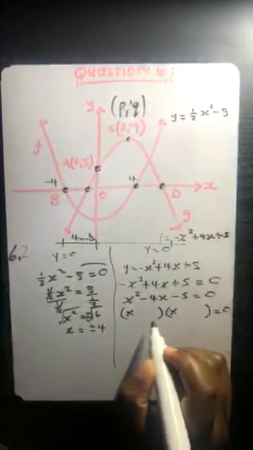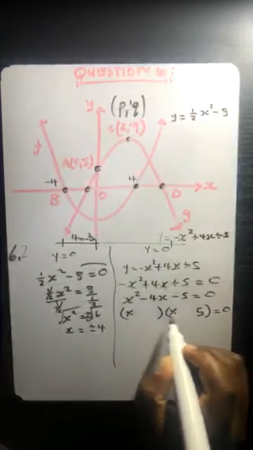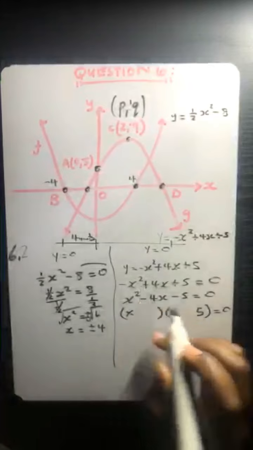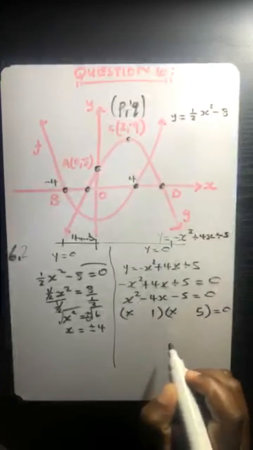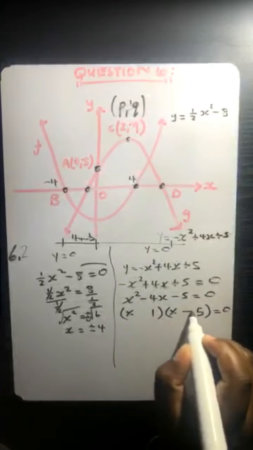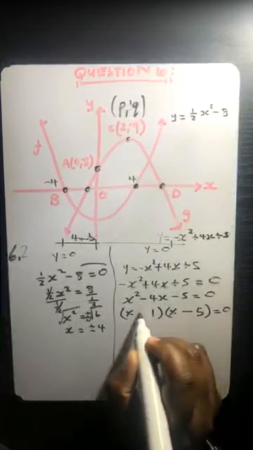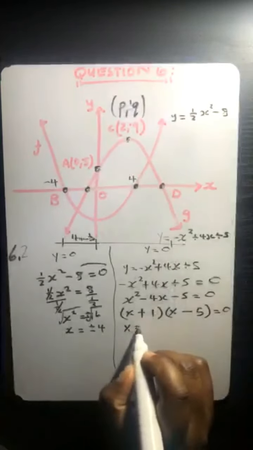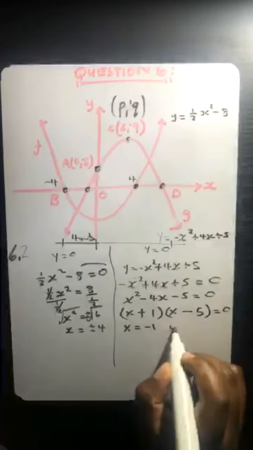Then here we know we have 5 and 1. Yeah, it has to be 1. Then we say the bigger number takes the sign of the middle term being negative. And then for us to have negative 5, we have that. Yes. Now it feels correct.